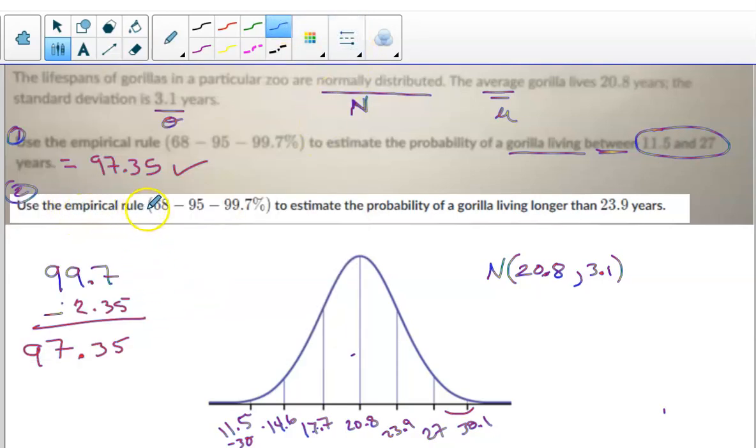Okay, the second question says, use the empirical rule to estimate the probability of a gorilla living longer than 23.9 years. So 23.9 years is here. So we're interested in from 1 standard deviation and above. So we could add this part, and the little tail here. Okay, so remember the last 3 values.